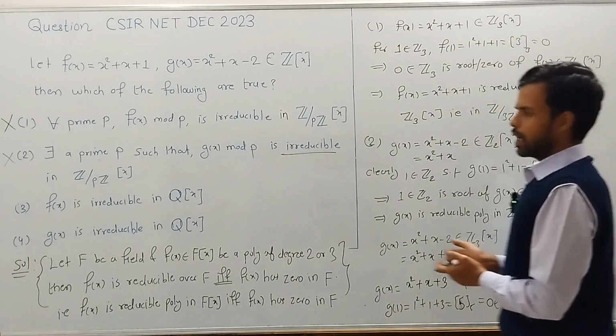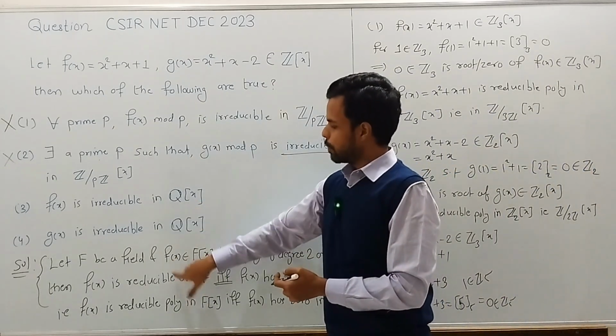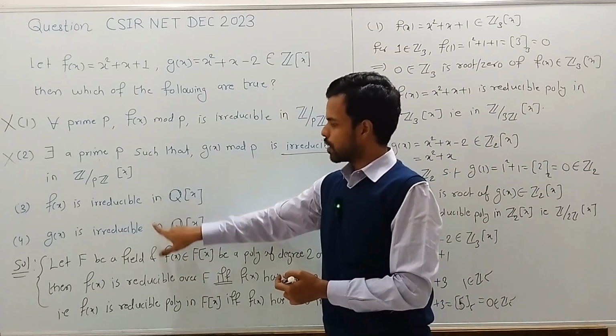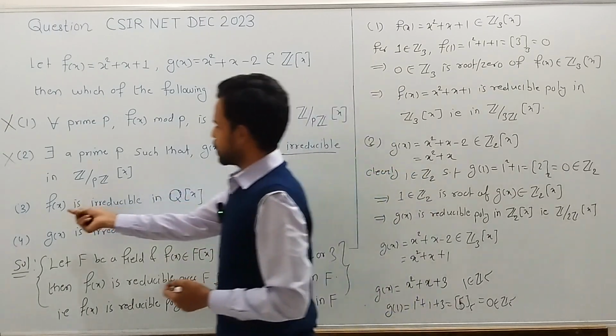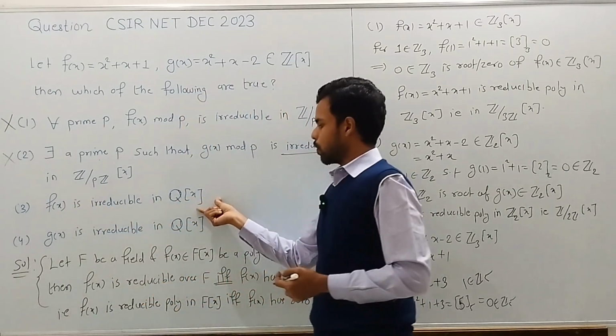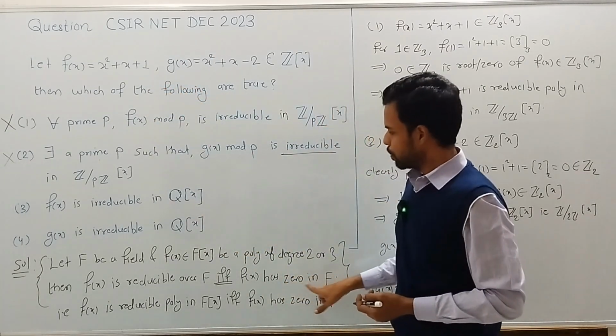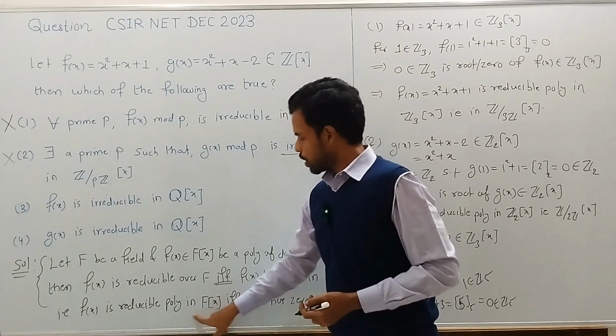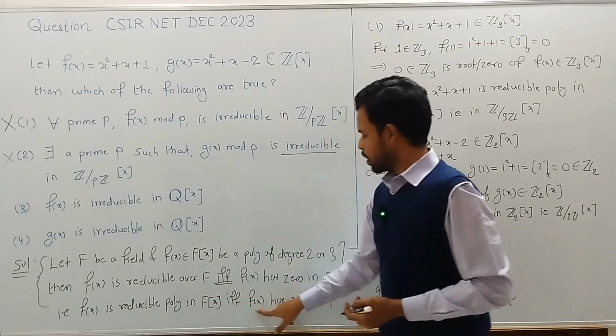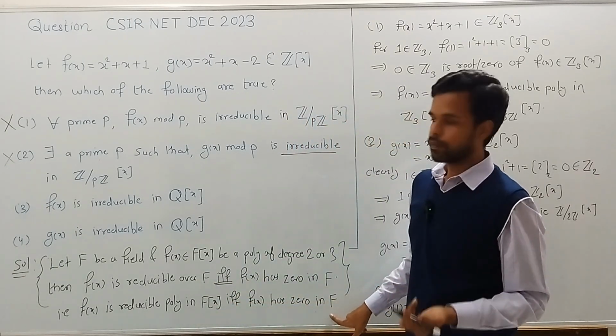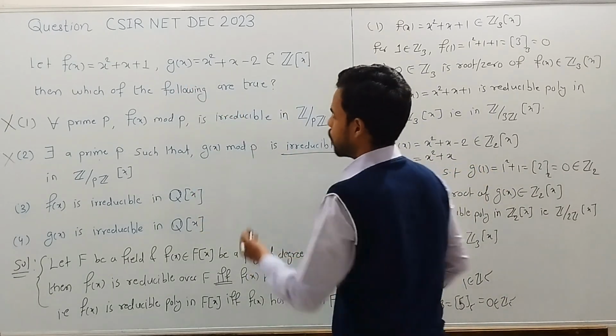Now we can use the same result to verify the third and fourth options. The third option is: f of x is an irreducible polynomial in Q of x. As f of x is a polynomial of degree 2, it will be reducible in Q of x if and only if it has a root in Q. Now, what are the roots of f?